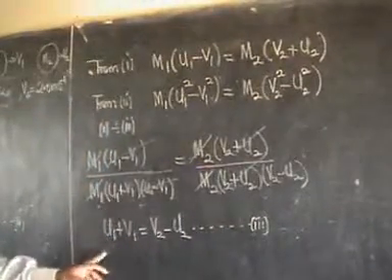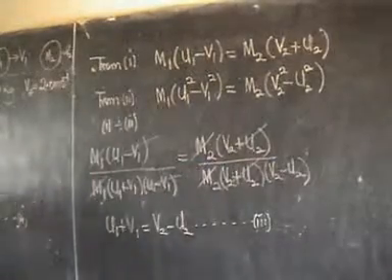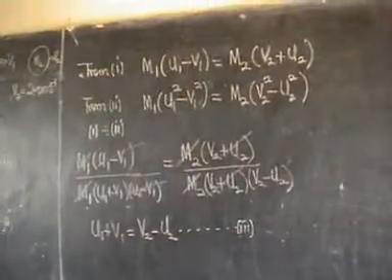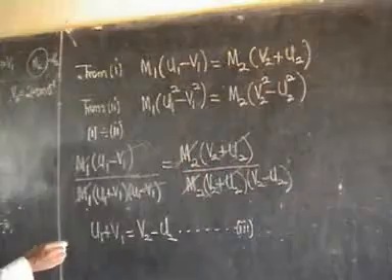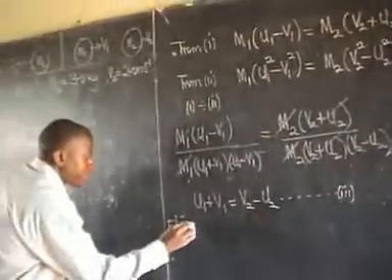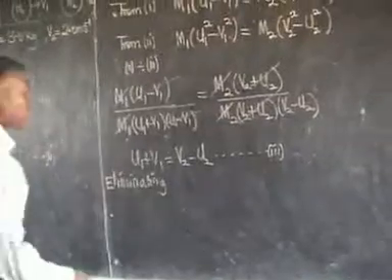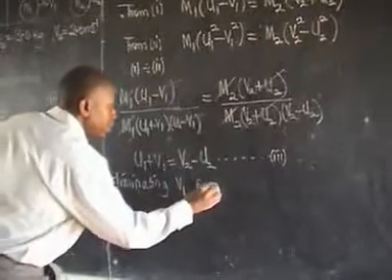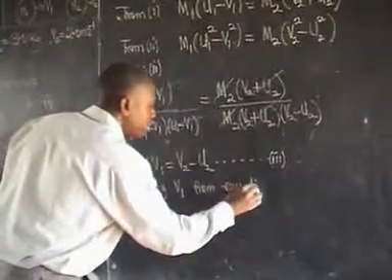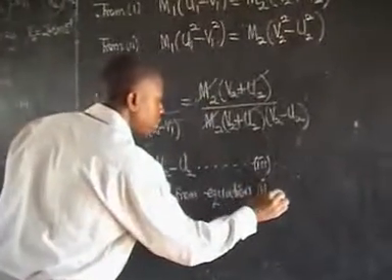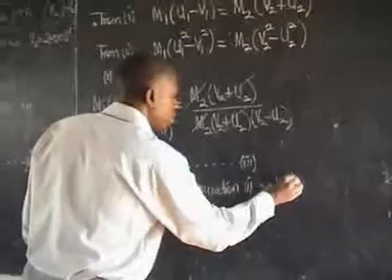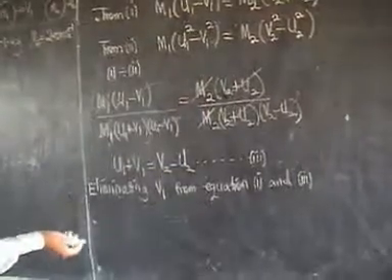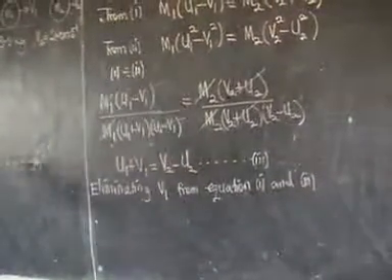So I'm going now to solve simultaneously the first equation and the third in order to get the values of v1 and v2. Eliminating v1 from equation 1 and 3, this time let me use substitution. I'm going to make v1 the subject here and substitute it there.